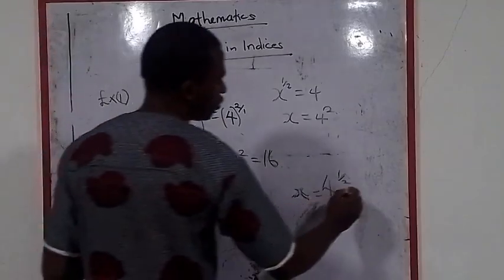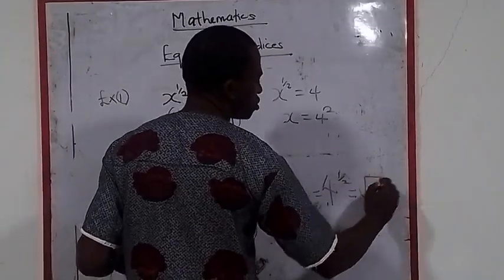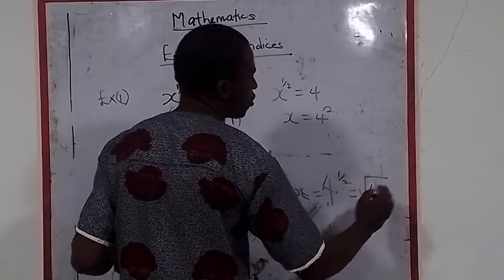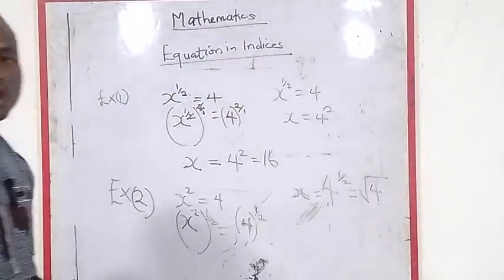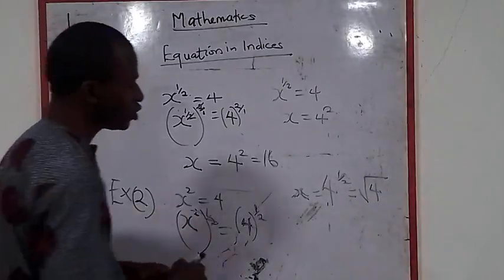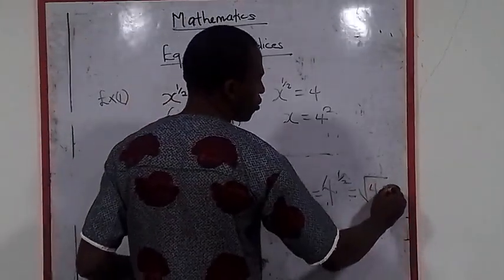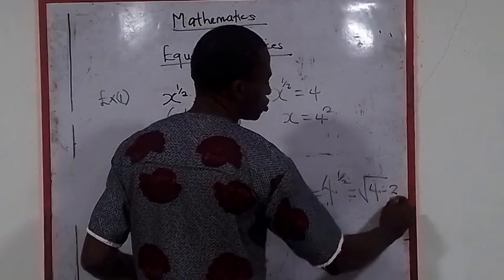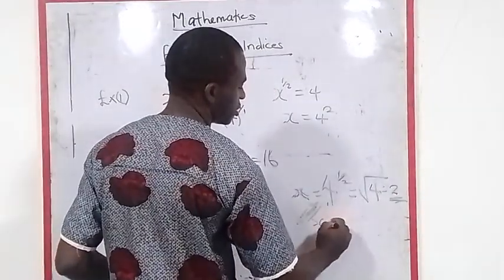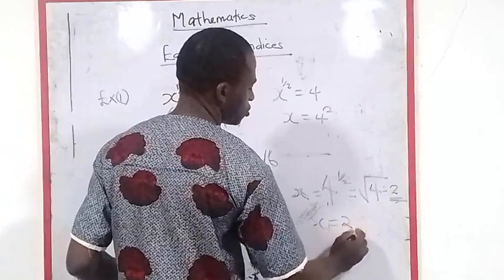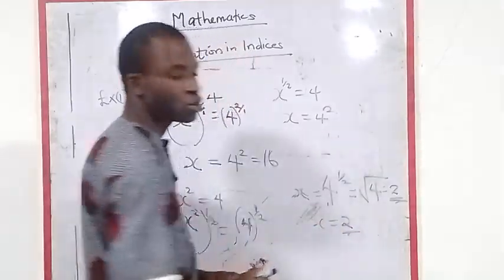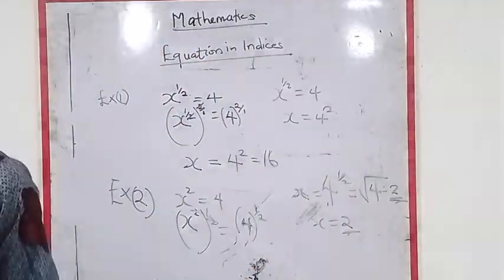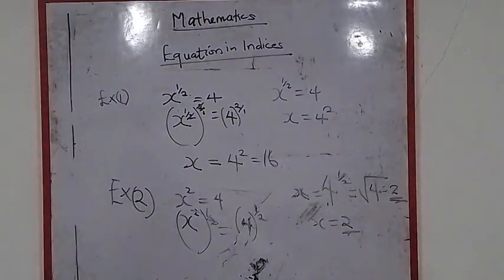And we know that the meaning of this is actually the square root of 4, from the sixth law of indices that we did in our previous video. The square root of 4 is equal to 2. So x is equal to 2. So we have gotten that. That's exactly what you expect in questions like this.